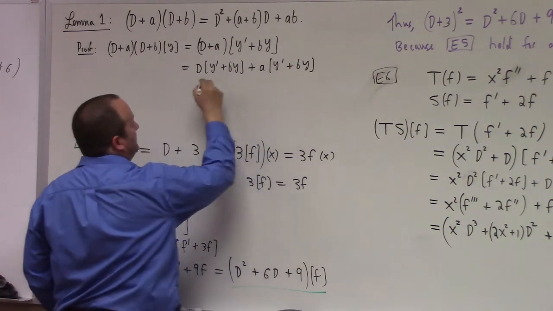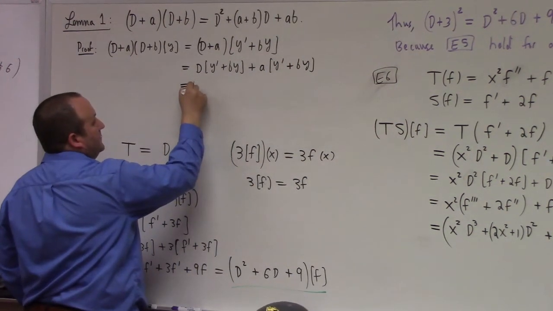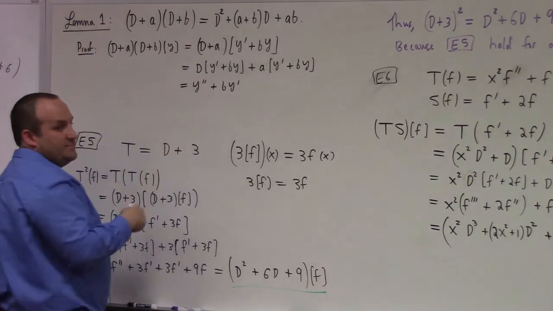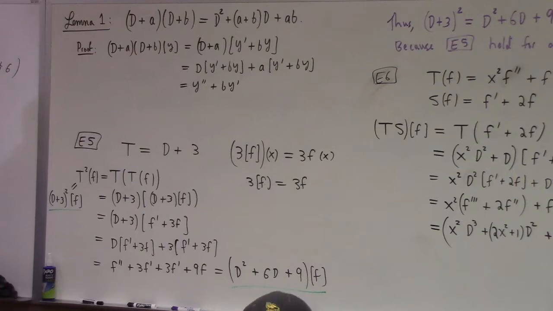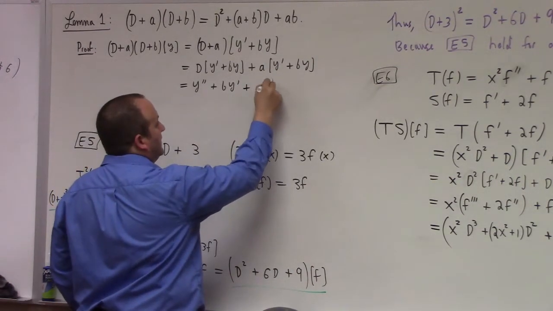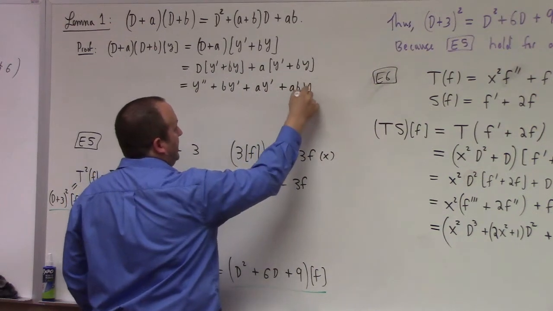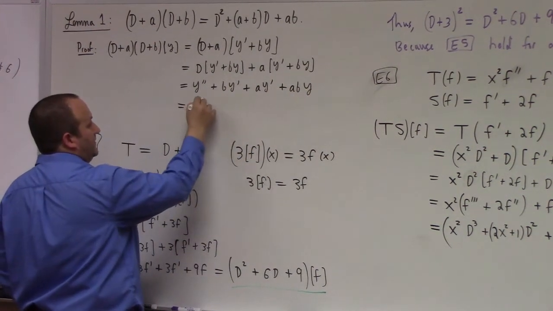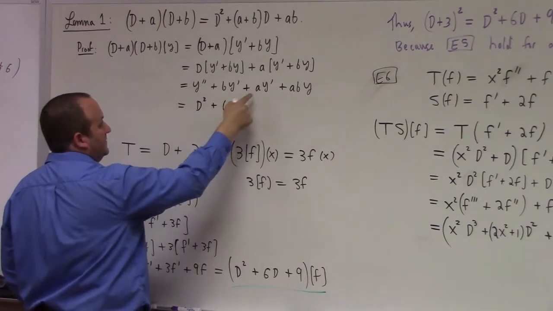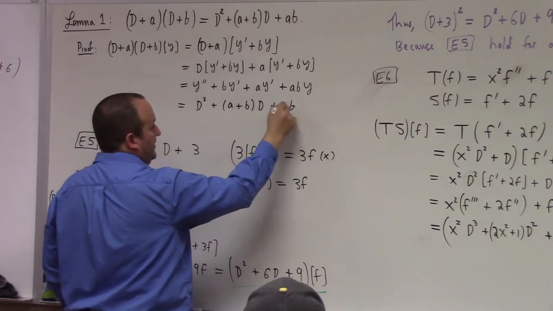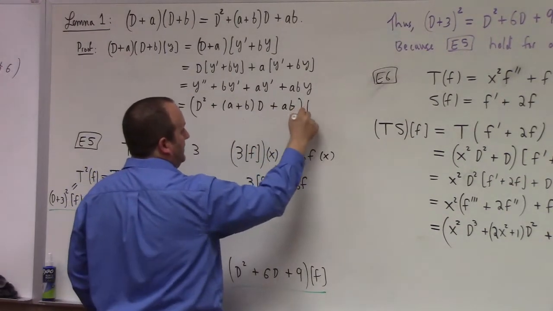That gives me y double prime plus b y prime, because b pulls out, since we can pull constants outside of differentiation. And then we get a y prime plus aby. Rewriting this, that's D squared plus (a plus b) D plus ab, all acting on y.